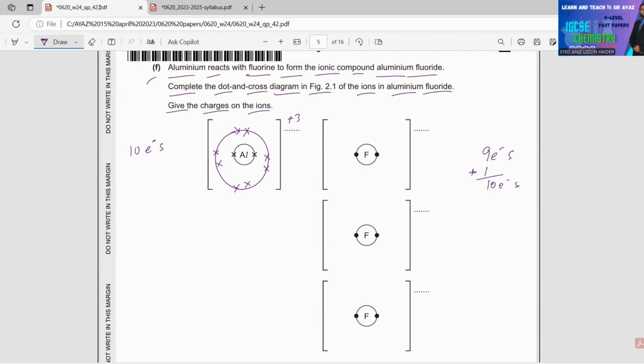Remember, 1 electron must be from aluminum, so I will use cross for this 1 electron. Now show these 7 valence electrons of fluorine: 1, 2, 3, 4, 5, 6, 7. And it will carry minus charge. In the same way, you're going to show the valence electrons for the other fluorine atoms along with the charges.